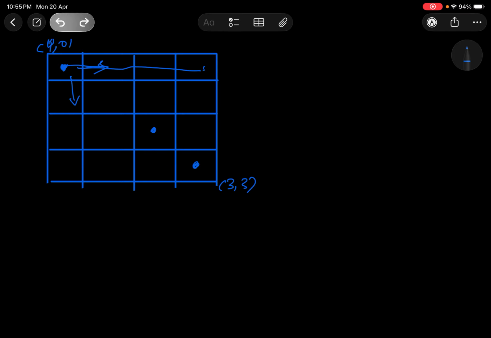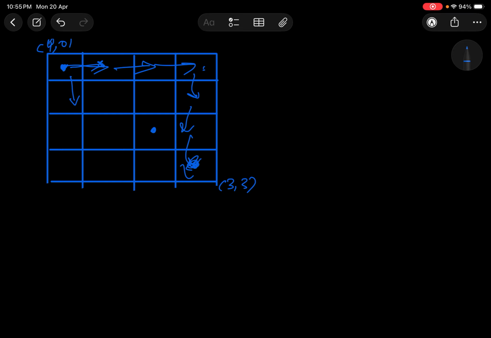So in this simplest path, what do we observe? The ant goes 1 time right, 2 times, 3 times, and then 1 time down, 2 times, 3 times. So to reach the destination, in whatever path the ant takes, it will have to move 3 times right and 3 times down.